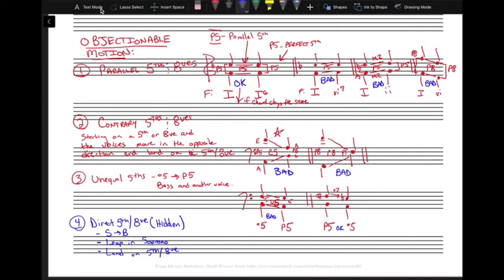And we're going to jump over here so that you can actually see what we're dealing with. So, here's our treble clef, here's our bass clef, here's our grand staff.